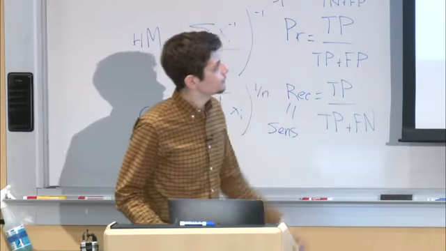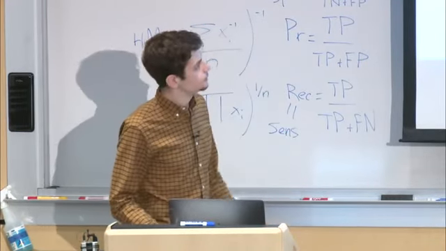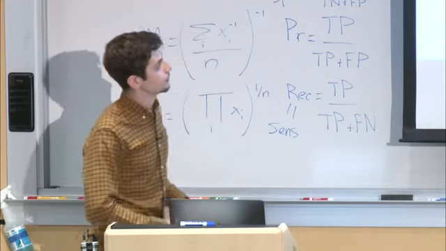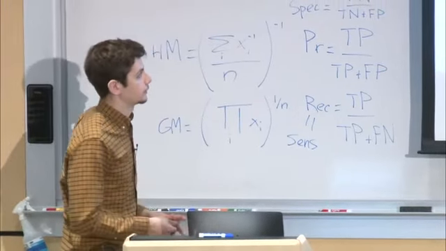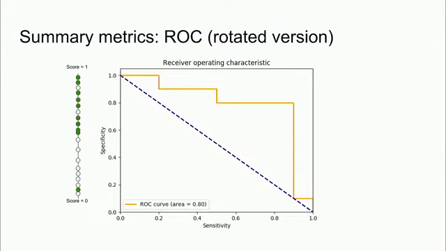Okay, so we've talked about this trade-off. One way that people deal with this trade-off is by looking at various curves. One curve that people look at is called the receiver operating characteristic curve, or the ROC curve. What we've done here is basically threshold scanning. At each threshold, you can determine what your sensitivity versus specificity might be, and that gives you one point on this graph.